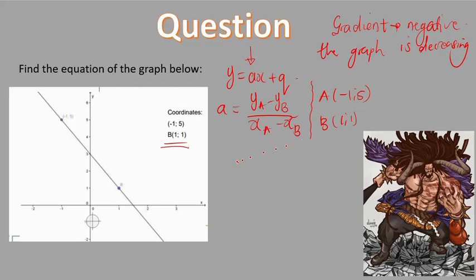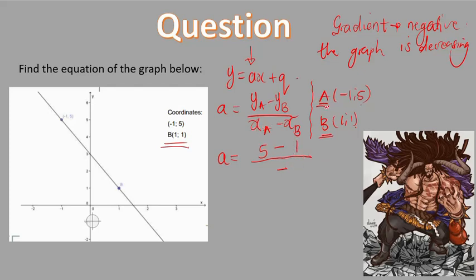Easy, right? Substitution now. I have to say a is equal to that fraction with the subtraction in between, and I substitute. Y at A, I go to A, the last coordinate is 5, so that's my y. Y at B, I go to B, the last coordinate is 1, so I put 1 there.